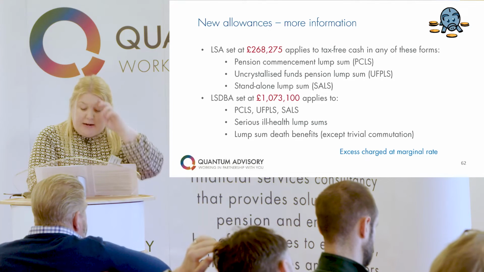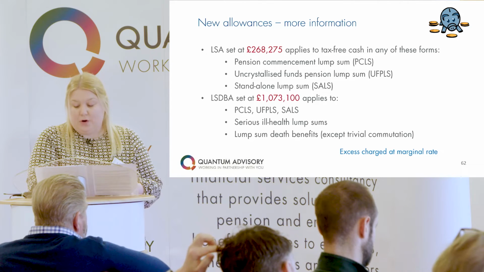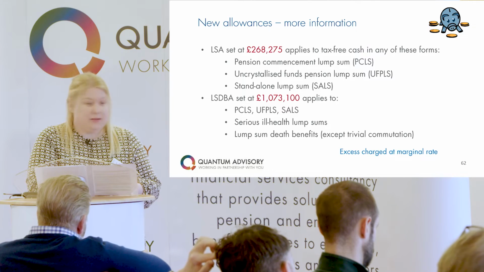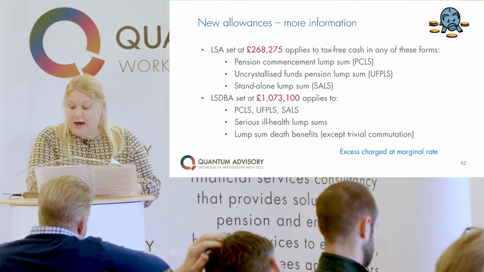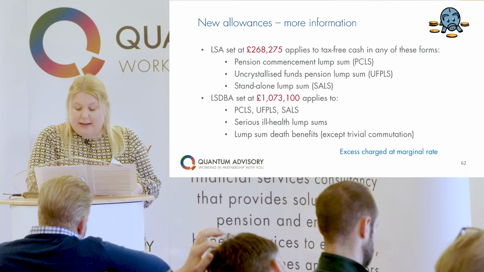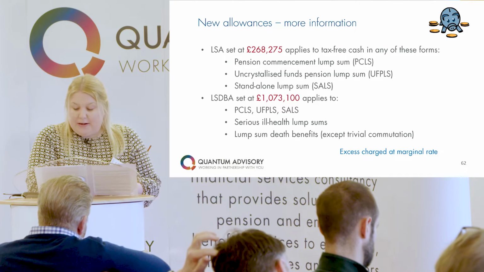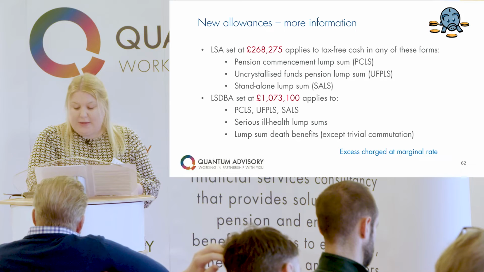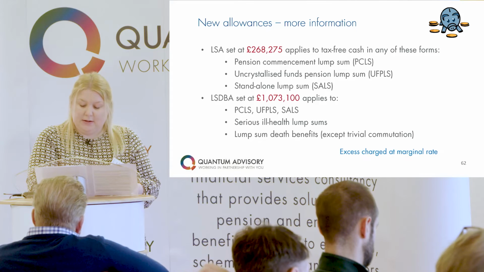The lump sum death benefit allowance applies on death before age 75 and will test those lump sums as under LSA, so those same 3 lump sums, as well as the serious ill health lump sum and the lump sum death benefits except for one. The excess over that will be taxed at marginal rate.